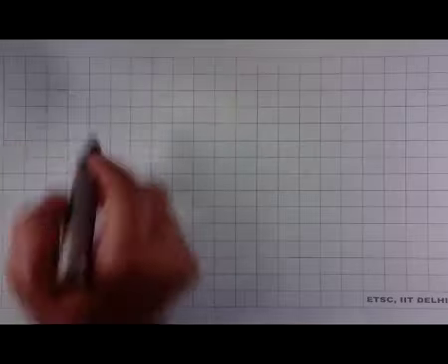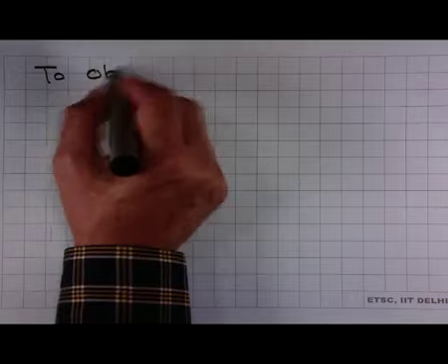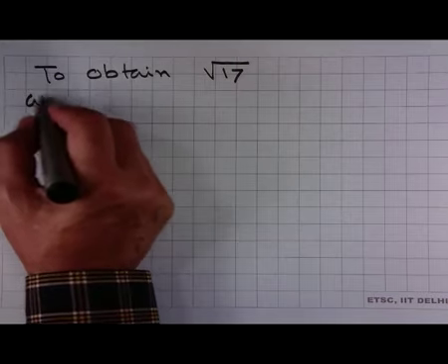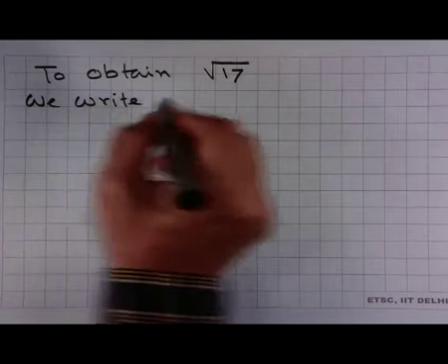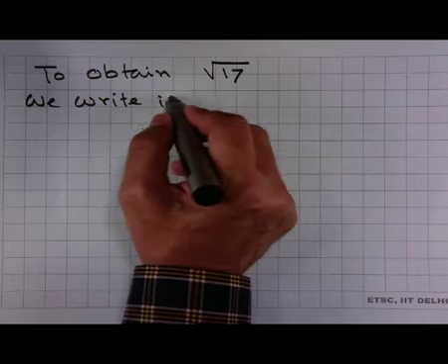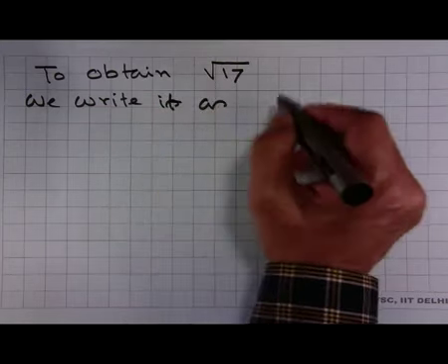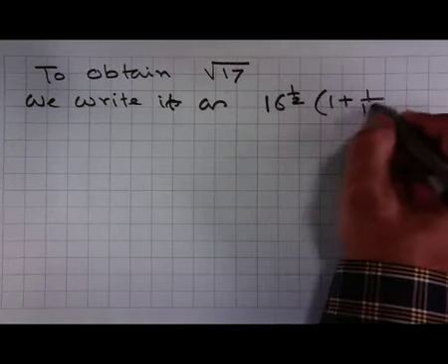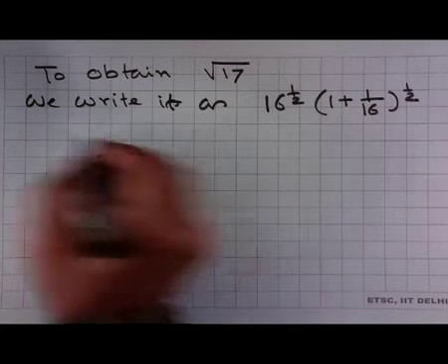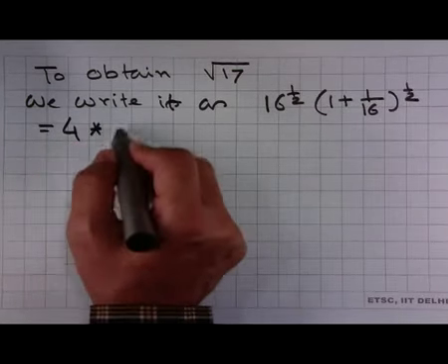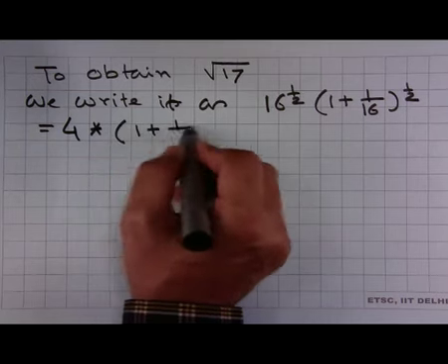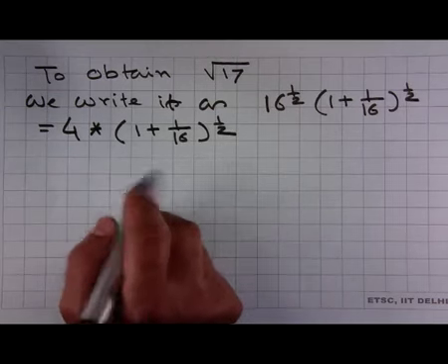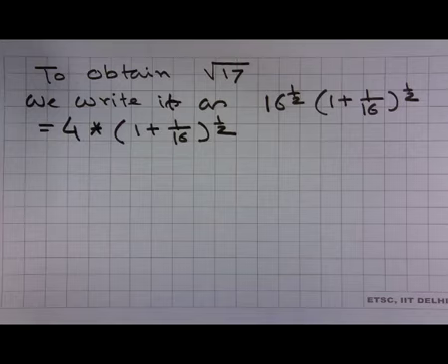Therefore, to obtain root 17, we write it as 16 to the power half into 1 plus 1 upon 16 whole to the power half, which is equal to 4 into 1 plus 1 by 16 whole to the power half. And now, let us expand it using binomial.